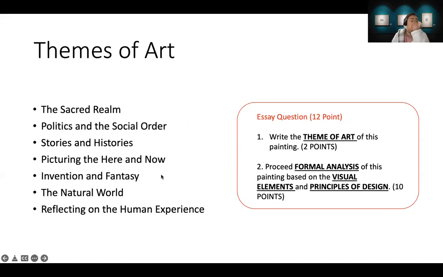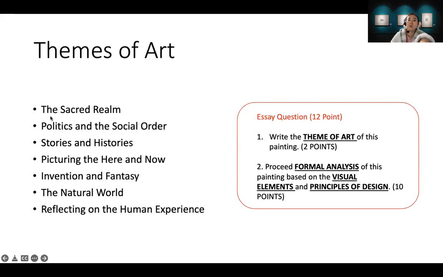And here is a huge hint. The work of art for the last essay question is coming from this chapter. So you will see one of the works of art from this chapter, and you must write which themes of art the artist used.